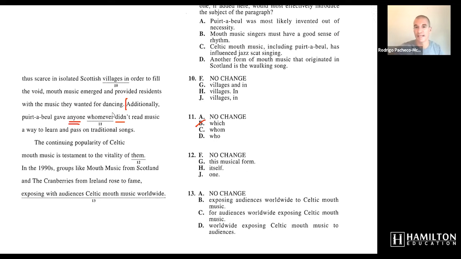If we would say them, the answer would be whom, because this is also an objective pronoun. And we know that that's not the case. So it can't be whom, it can't be whomever. Our answer here is going to be who, a subjective relative pronoun.